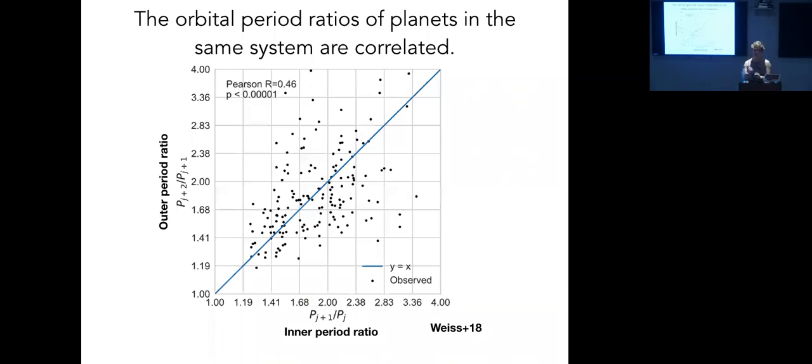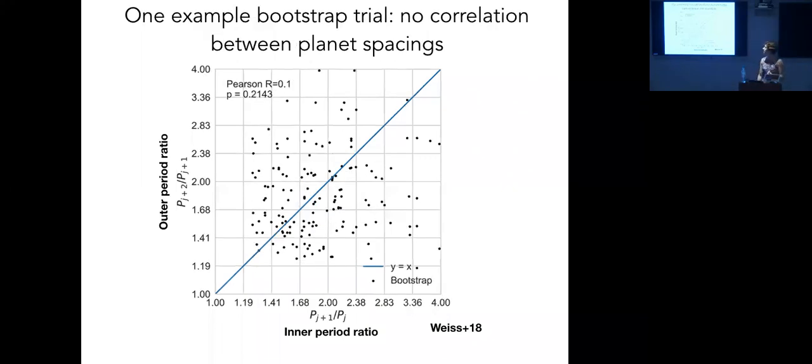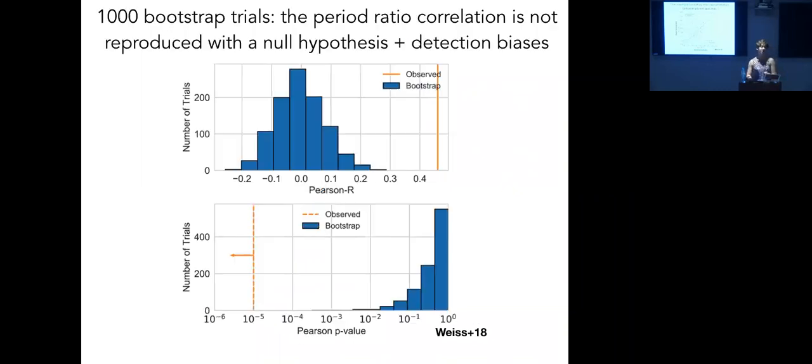And when we construct an analogous bootstrap test, we do not reproduce the correlation. And again, repeating 1,000 trials, we don't ever reproduce the observed correlations, significance, and strength. So again, we conclude that this regular orbital period spacing is astrophysical.